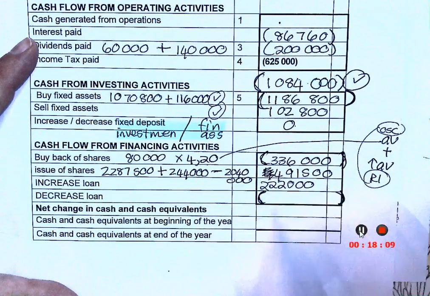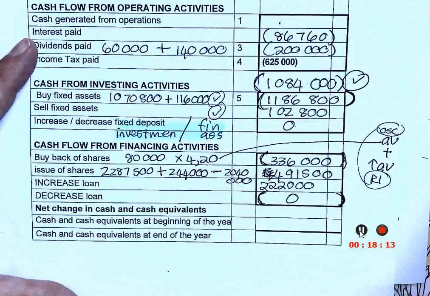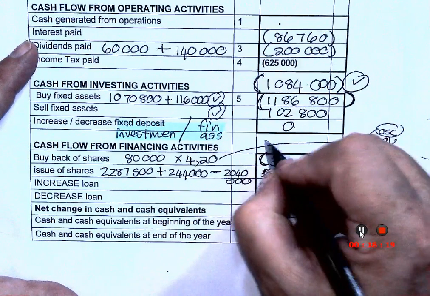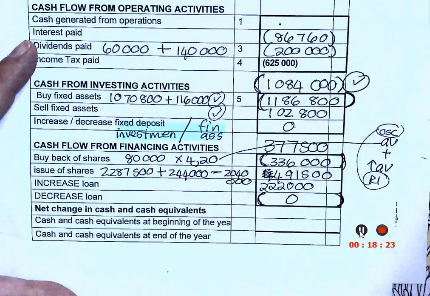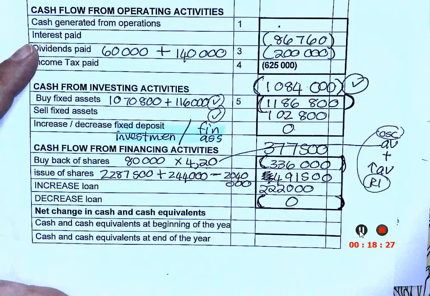Okay. And there's no decrease. Okay, so now I block on top. 377,500.